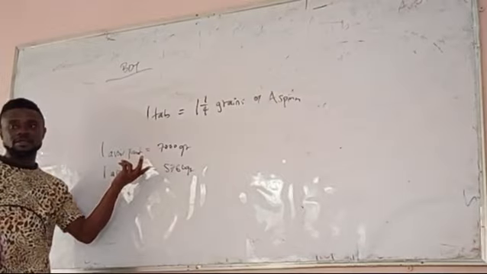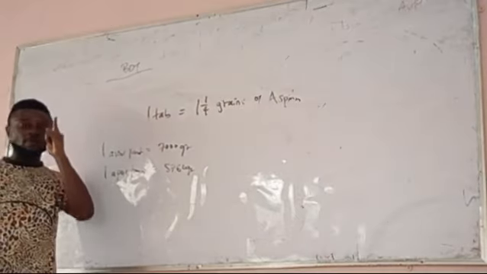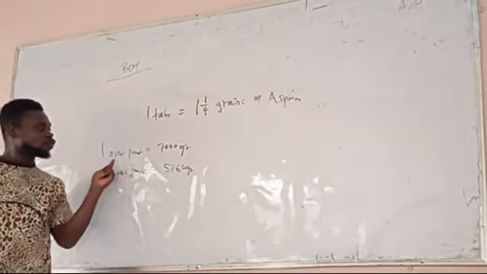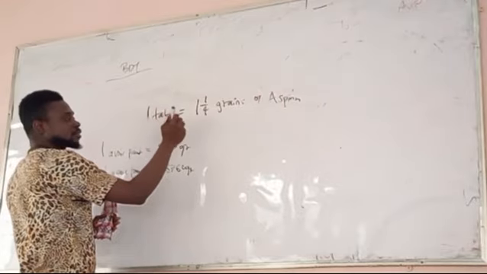Are we together? It says 1 avoirdupois pound. So no wasting our time. We just substitute 1 avoirdupois pound with 7,000 grains here, right?